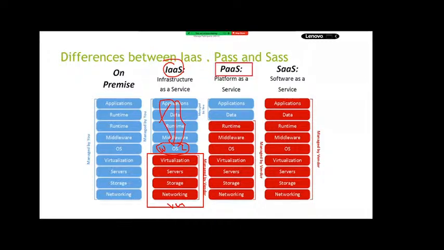Next, Platform as a Service. As I said, the runtime and the platform are provided; you just have to take care of your application. You need not bother about what type of application you are going to host. If we have Java, yes, a ready-made Java environment is there.